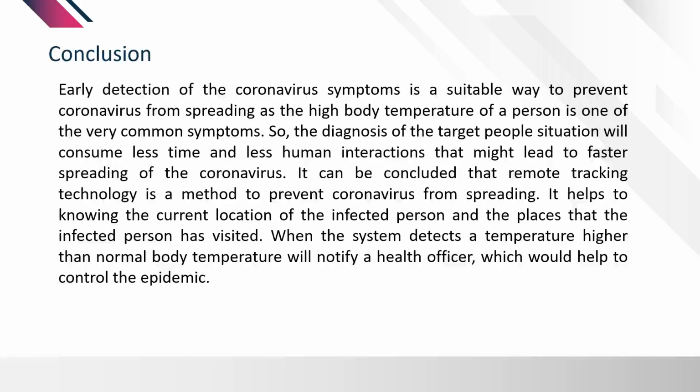It can be concluded that remote tracking technology is needed to prevent the spread. It helps to know the current location of the infected person and the places the infected person has visited. When the system detects a temperature higher than normal body temperature, it will notify the health officer, which would help to control the epidemic.